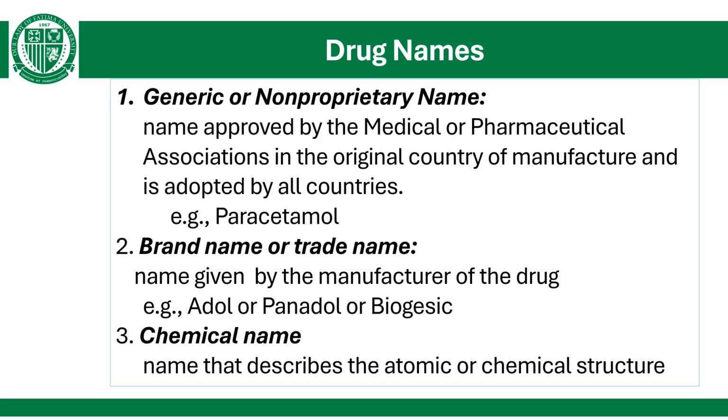Next one, we have the chemical name. In here, we're talking about the name of medications according to their chemical structure. With this said, there are medications that could be given only according to their chemical name. For example, magnesium sulfate.